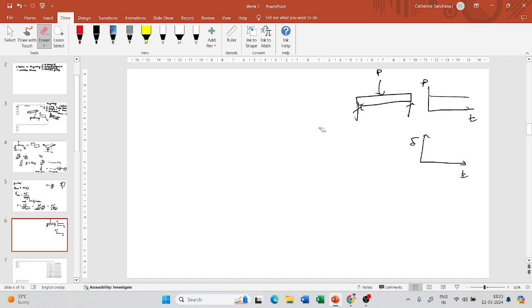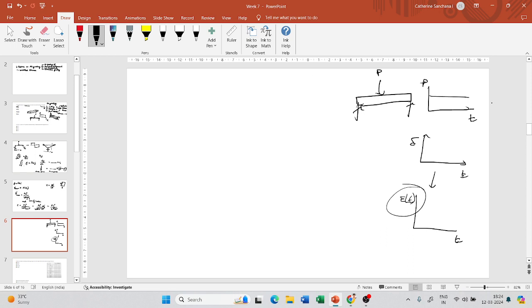And from this deflection only you can get the stiffness of the beam as a function of time. So using this value, you will be able to find out the PG grade of bitumen, low temperature PG grade of bitumen. So how is this related?